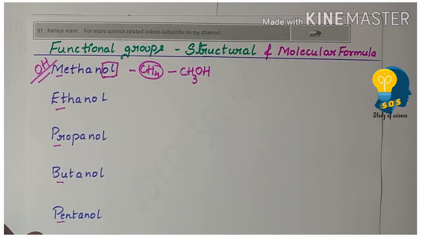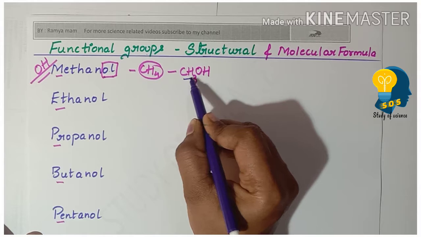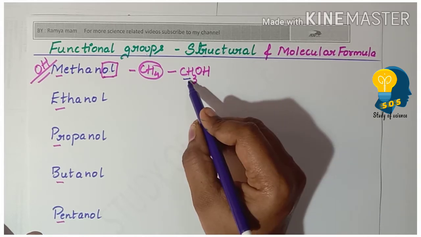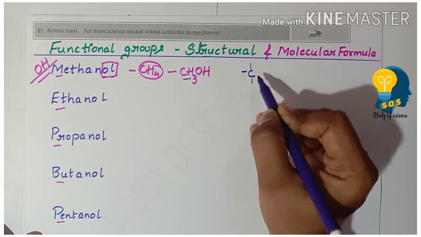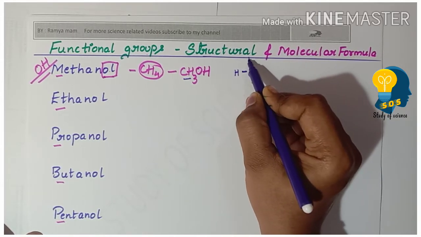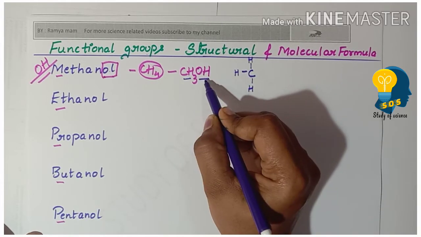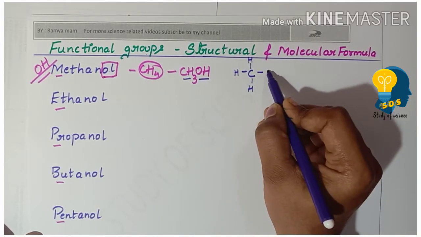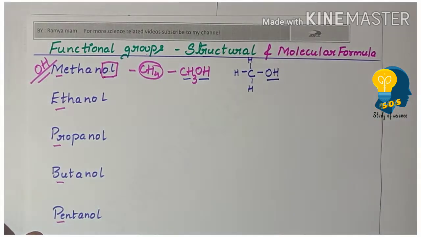Now I will teach you how to write the structural formula for methanol. What do we have? We have CH3. That means 1 carbon atom is bonded with 3 hydrogen atoms. This is CH3. And what is the functional group? The suffix is OH. In the structural formula, the functional group is represented by OH.